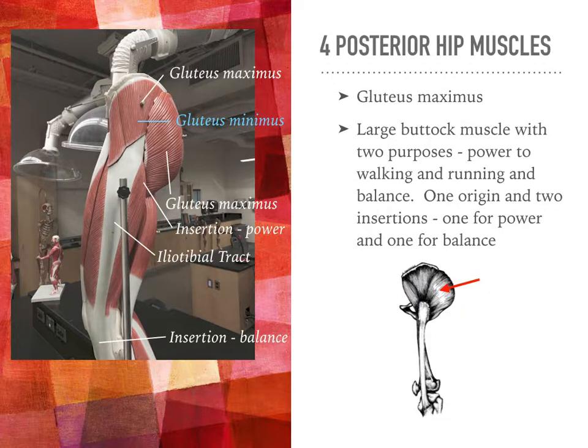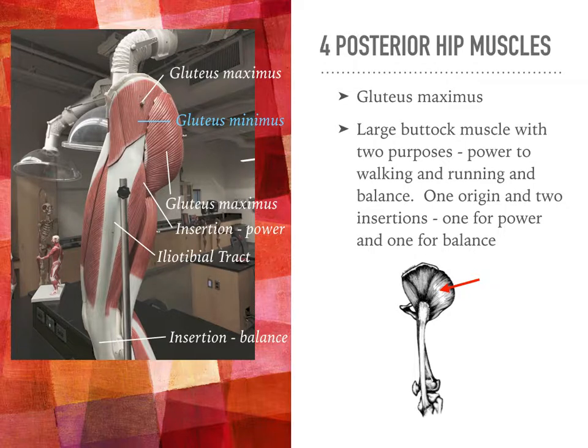And the 4th muscle then is the gluteus maximus. And it actually partners with that tensor fasciae latae just a little bit. This gluteus maximus is, of course, the big buttock muscle, the large one there. And its number one job is moving the femur in your walking or running motions.